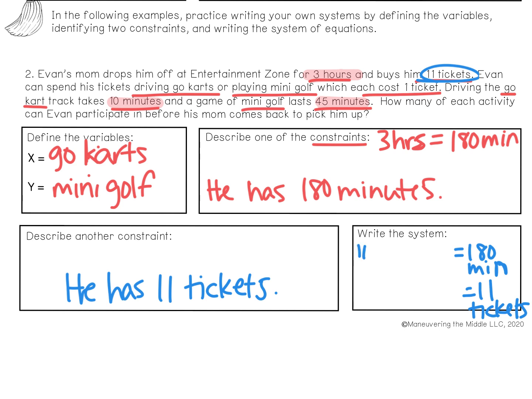So 10, and our go-kart variable is X, plus 45 minutes for mini golf. Mini golf is Y. And if each one takes one ticket, I can say one ticket times the number of times we do go-karts, and one ticket times the number of times we play mini golf, and we have a total of 11 tickets.